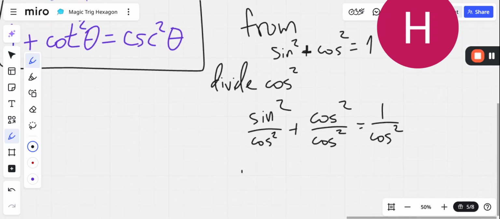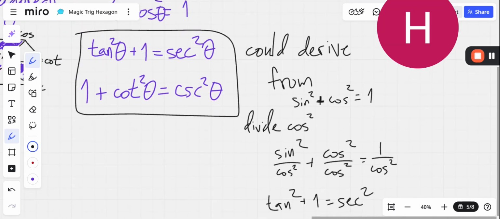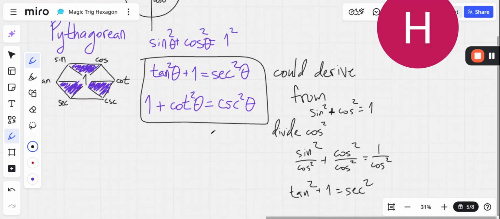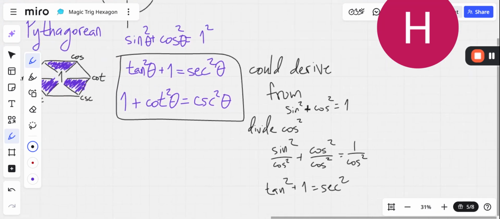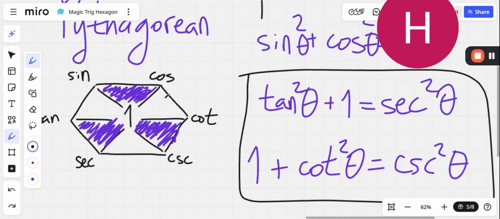And if we simplify those things, we do just get tangent squared plus 1 equals secant squared. So that's where the derivation of these comes from, but the way to memorize it easily is to use this diagram.